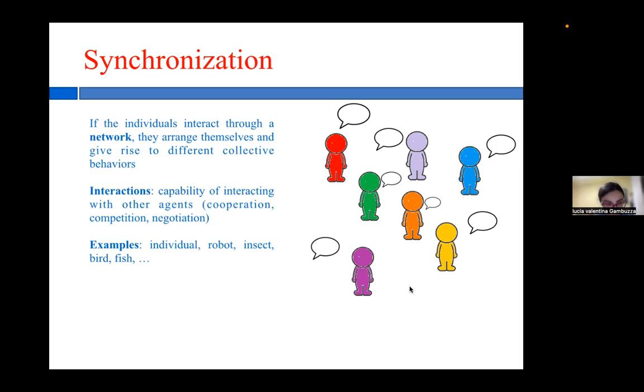Other interesting phenomena could also emerge in a network if we look at some properties of the network itself, or at some properties of the dynamics of the node. And sometimes these are hidden properties of the system which we are considering.